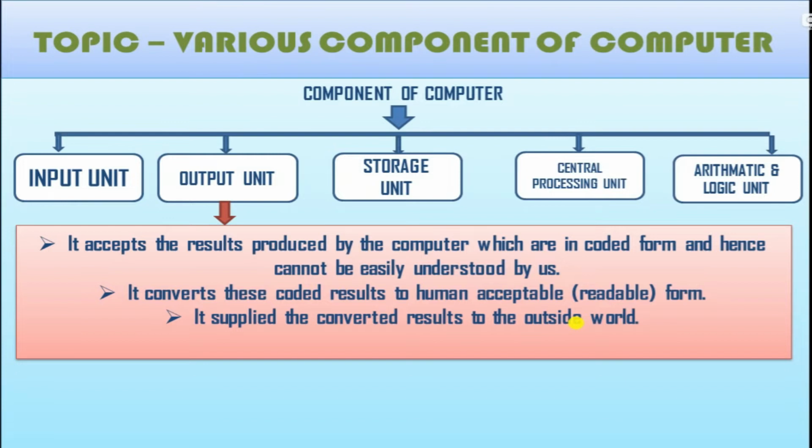So when the computer gives us the result in binary form, the output unit converts this binary instruction into the analog instruction which is acceptable for us. It converts coded results to a human acceptable format, which is analog format. It supplies the converted result to the outside world. This is the output unit.